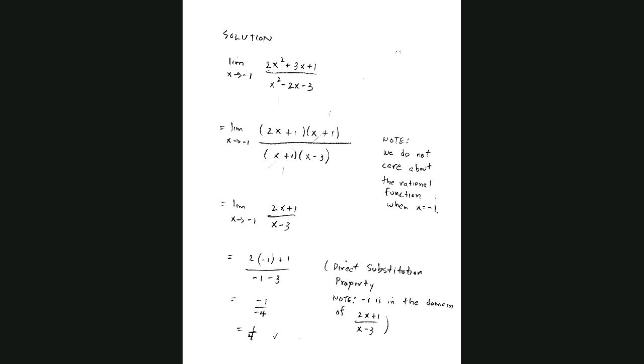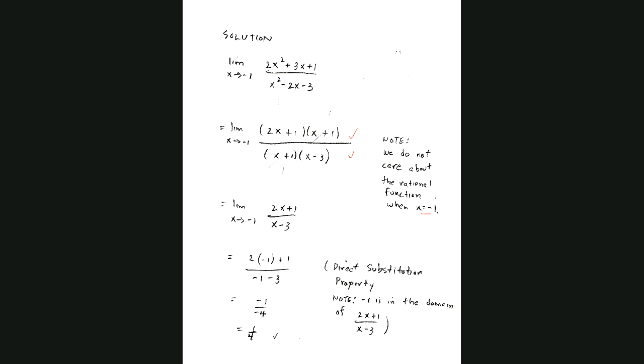Okay, so we factor the numerator, we factor the denominator, and a little note here, we do not care about the rational function when x equals -1, because we're taking the limit.